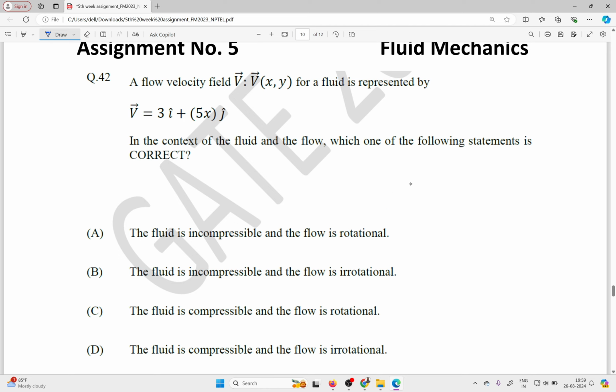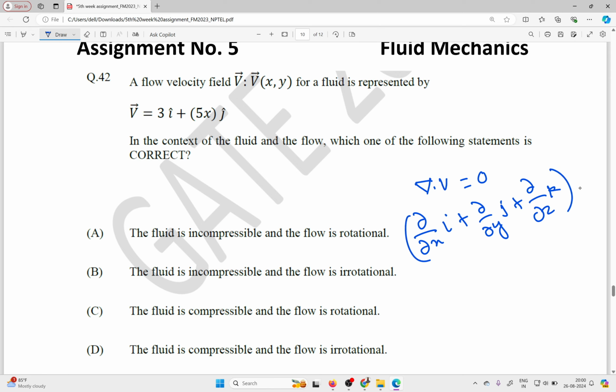For incompressibility, you will check whether the divergence of velocity is 0. If 0, then definitely it will be incompressible. So del by del x i plus del by del y j plus del by del z k, dotted with the velocity vector, which is given as 3i plus 5xj.